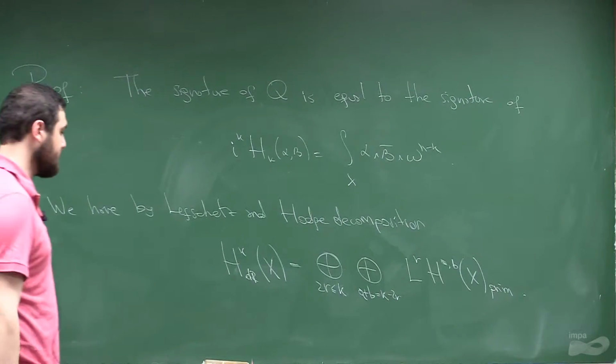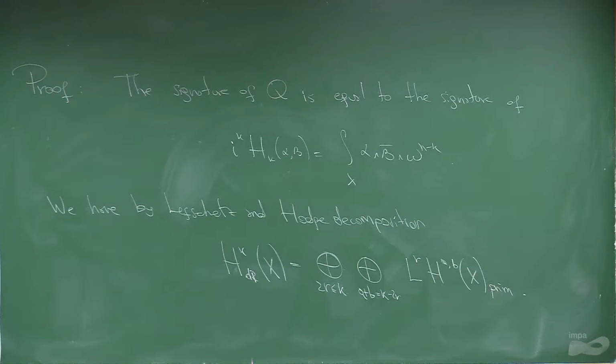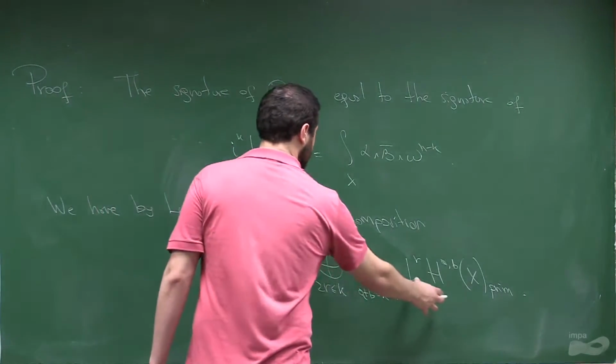Right? This is the Lefschetz decomposition and Hodge decomposition. And so in order to compute the signature, it's enough to determine the sign of this form i^k h_k on each of these pieces in this decomposition.